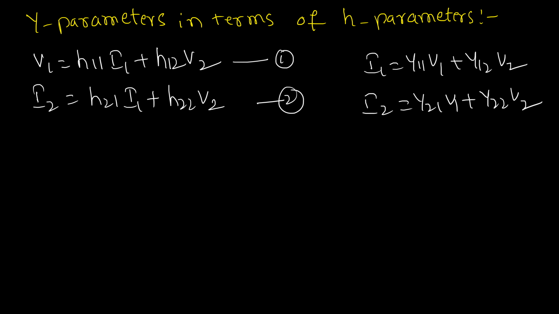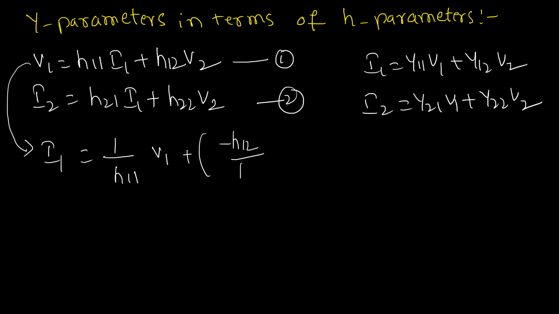So same as usual, from equation 1 we can write the expression for I1. There you get 1 by H11 into V1 plus minus H12 by H11 into V2.